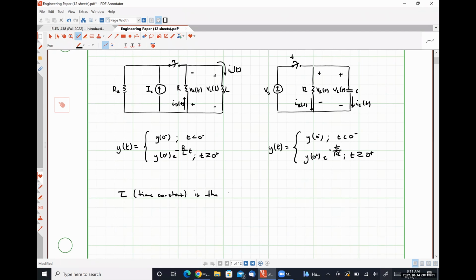Okay. So the time constant tau is the amount of time it takes for our signal to decay to 36.79% of its original value.